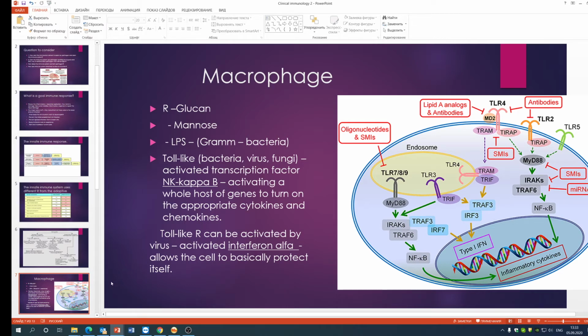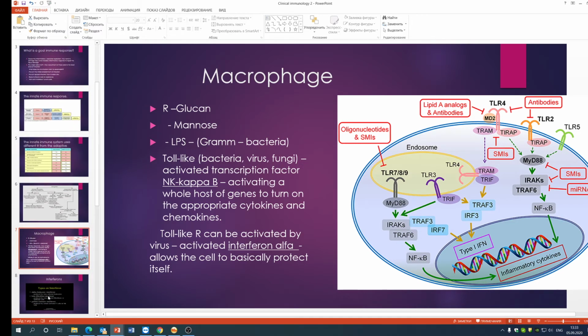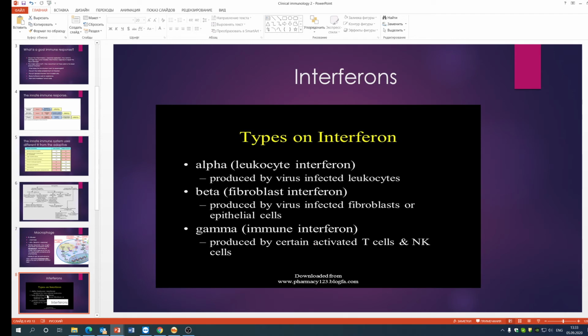Toll-like receptors can also be activated by viruses, which activates interferon, as I mentioned. Which types of interferon do we have? Alpha interferon, leukocyte interferon, is produced by virus-infected leukocytes.